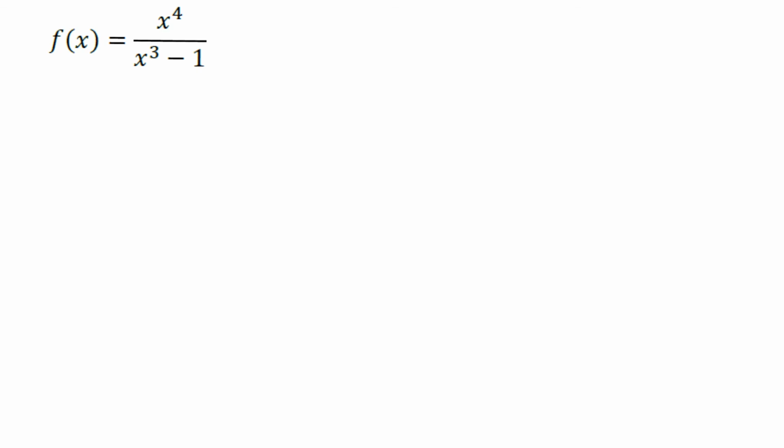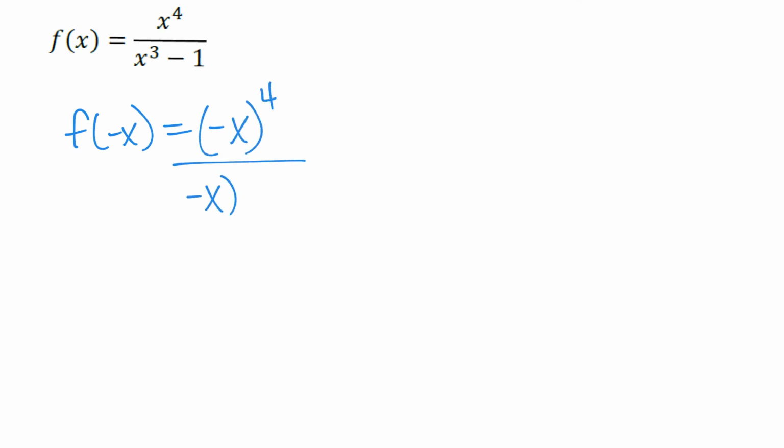Okay, so again, we're going to plug in that negative x. So I have f of negative x is equal to negative x to the 4th over negative x to the 3rd minus 1. So a negative to a 4th power is a positive. A negative to an odd power is a negative. And what do we have? Well, need to think about this one. Okay, so this is the only one that changed.